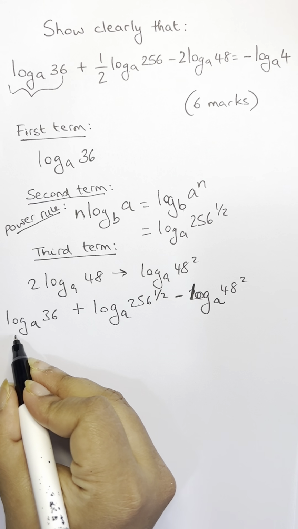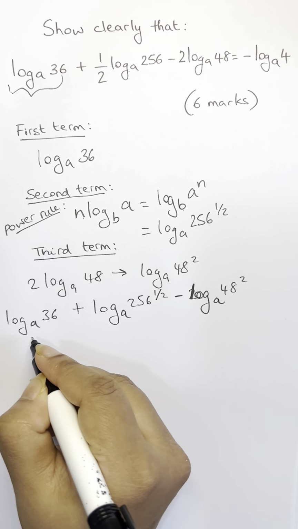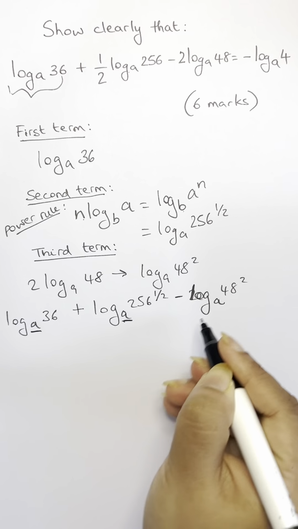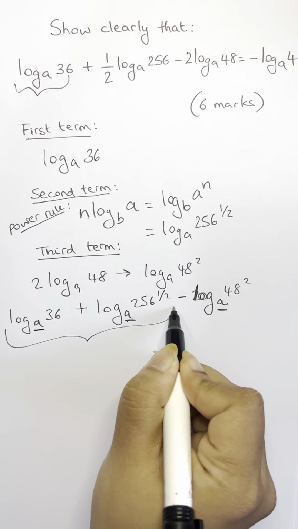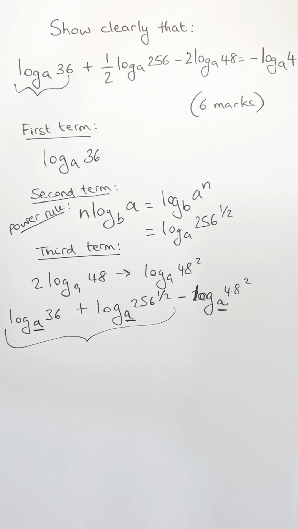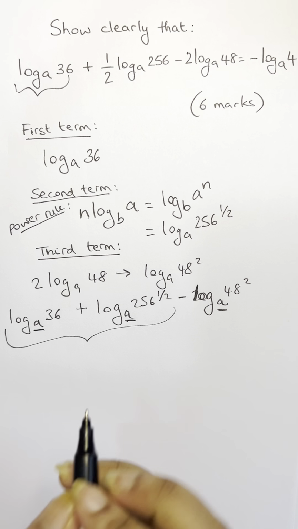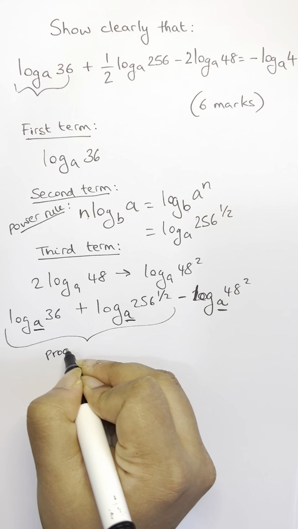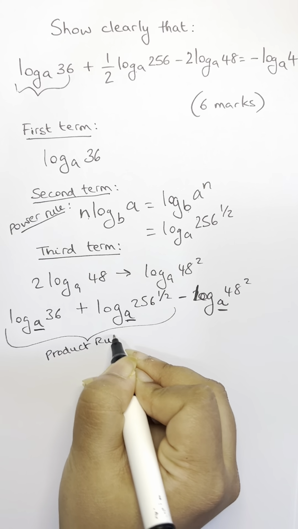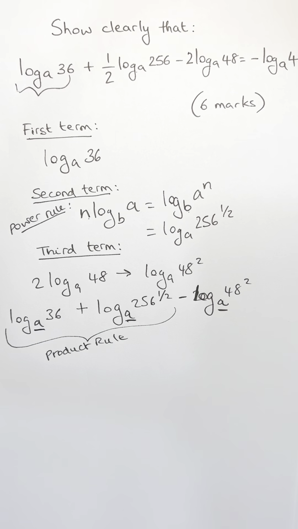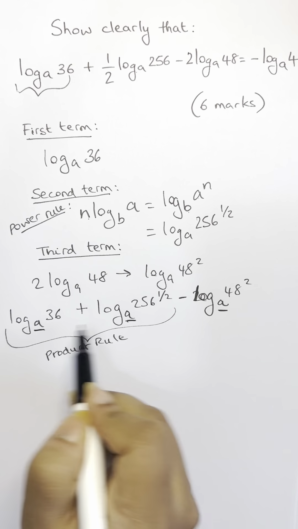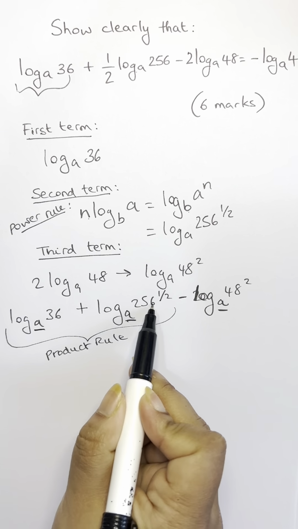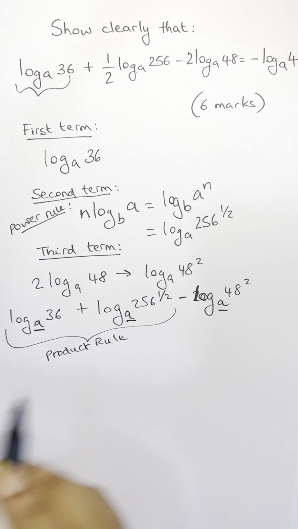Now you can see that I've got the same base here, which means for the first two terms, I can use my product rule. What does the product rule say? When you have a plus sign and the same base, these can be multiplied together.